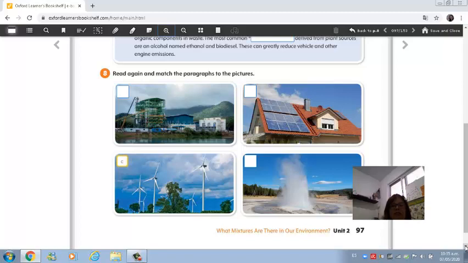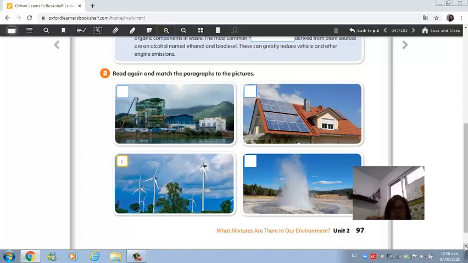Okay, the next one to the right is A, right? It's a way to get solar energy, the sunlight. Okay, on the bottom, what do you see? Those turbines, what would it be? C, right? C, wind power.